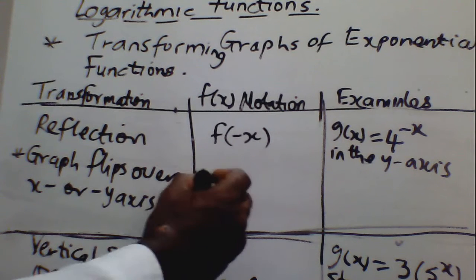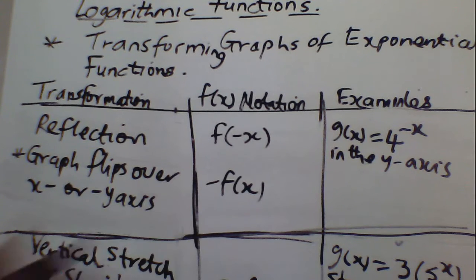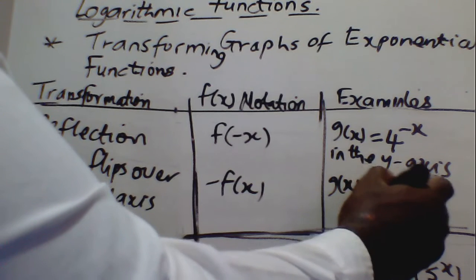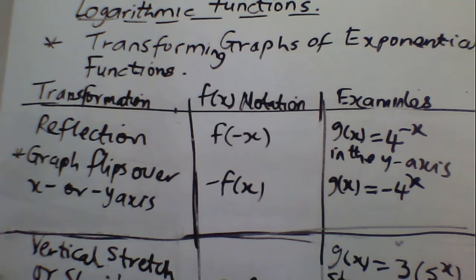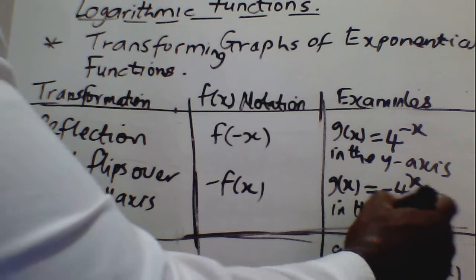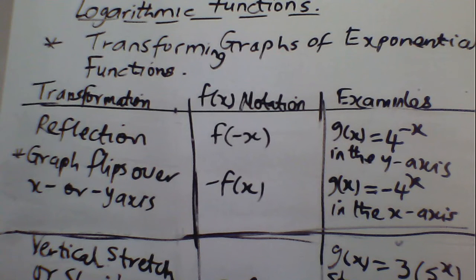So if we have a function of this type, negative f of x, for example, g of x is equal to minus 4 raised to power x, in this case it will reflect in the x-axis. So this is the table of values that will enable us to transform graphs of exponential and logarithmic function.